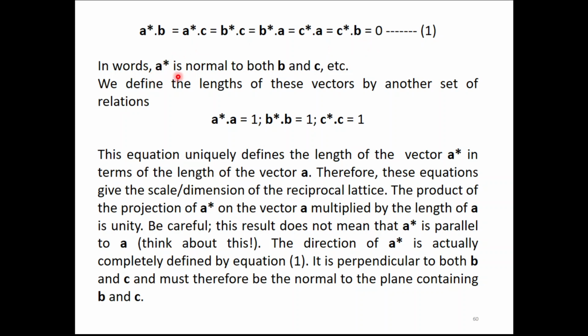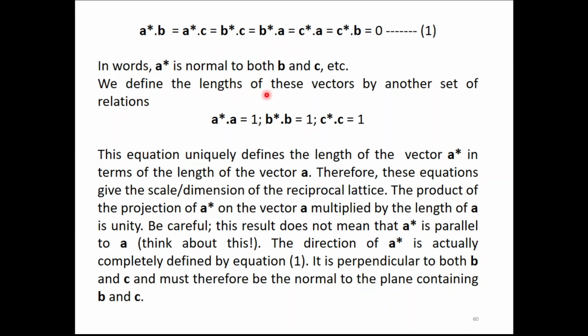So in words we can say that a* is normal to both b and c, because a* dot b and a* dot c give us a null result.